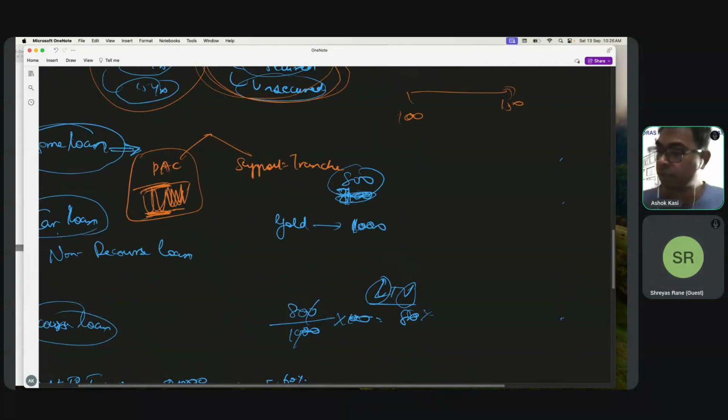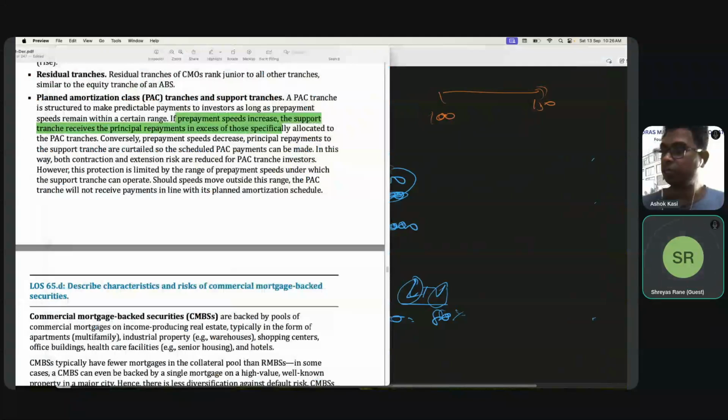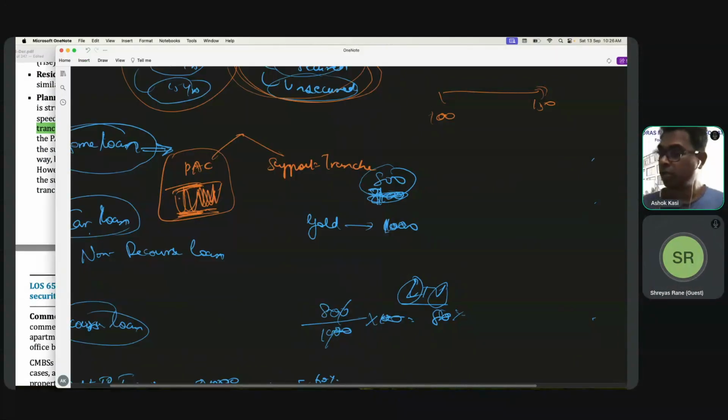Okay, let's read that and then I'll come to this one. Just see this one. A planned amortization class tranche is structured to make periodic payments to investors as long as the prepayment speed remains within a certain range. So as long as prepayment is within this range, these people will keep getting the payment.